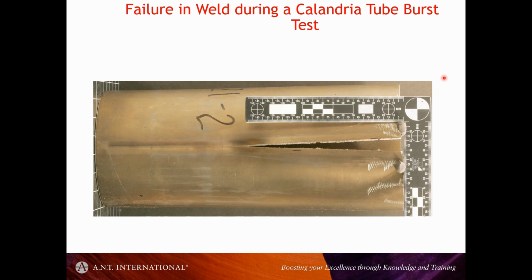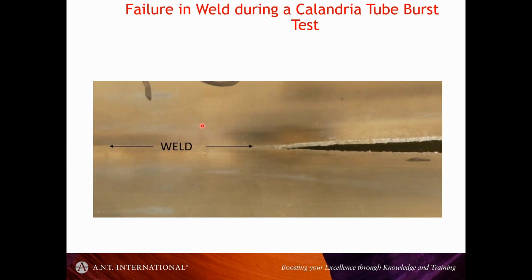This is an example of a seam welded tube that had failed in a burst test in the facility. This is a fixed end burst test, and what you can see is that when it's tested to failure, the split on the tube occurs down the weld.